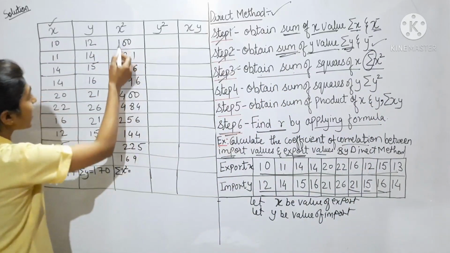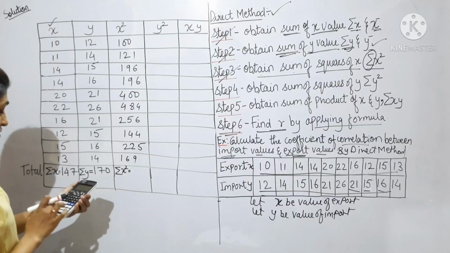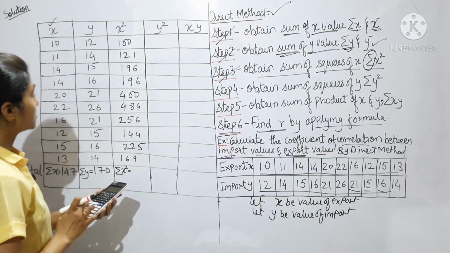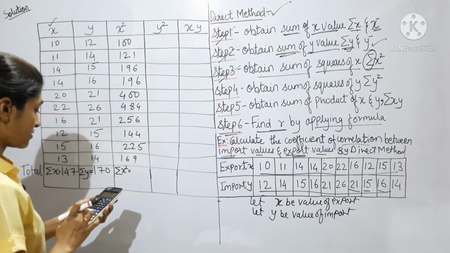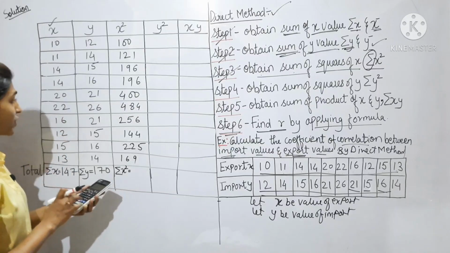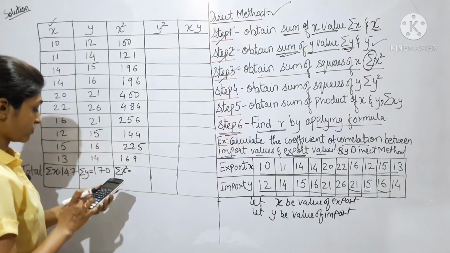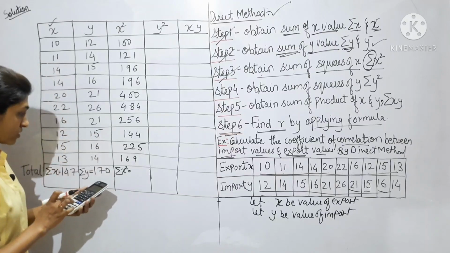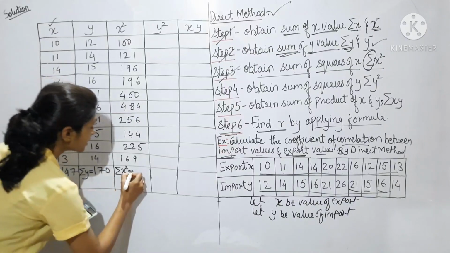So add all the values of x square: 100 plus 121 plus 196 plus 196 plus 400 plus 484 plus 256 plus 144 plus 225 plus 169.